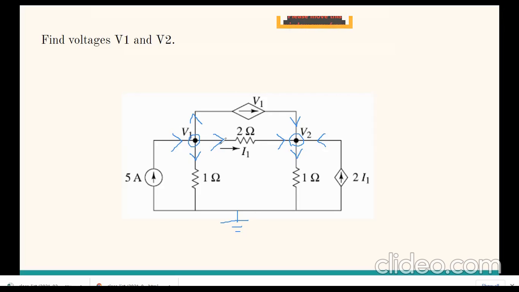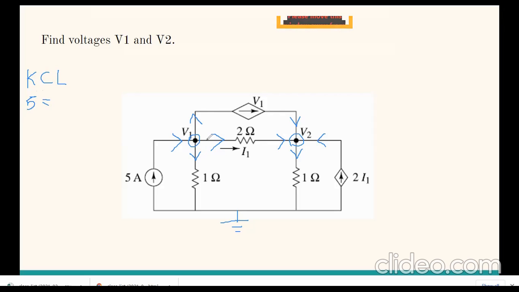Applying KCL at node 1, we can write that the sum of incoming currents is equal to the sum of outgoing currents. Looking at this, there is only one incoming current and there are three outgoing currents. So I will write the incoming current 5 equal to the outgoing currents.